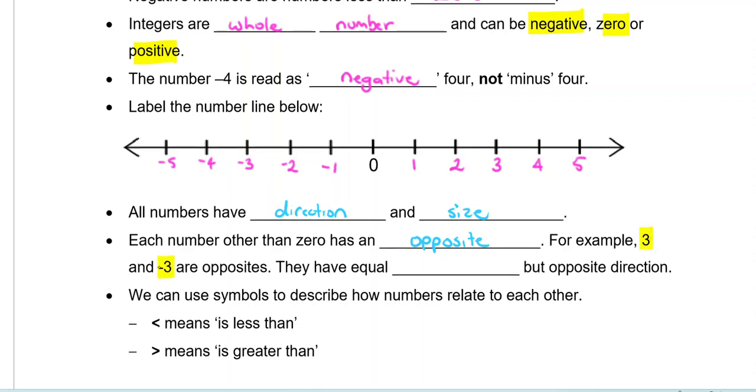For example, 3 and minus 3 are opposites. They are equal in size, but are in opposite directions of that number line. So here's my 0, the plus 3 is that side, and the minus 3 is on that side. One's on the left, one's on the right. Opposite directions, but the same space away from that 0.